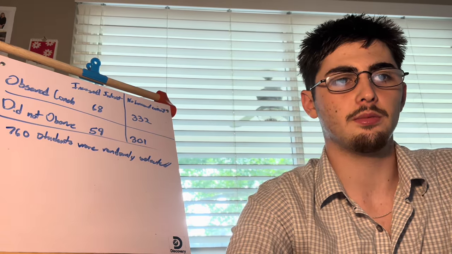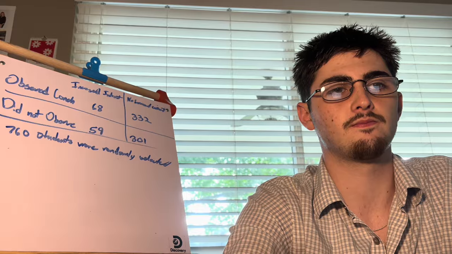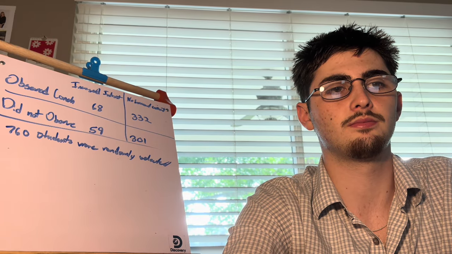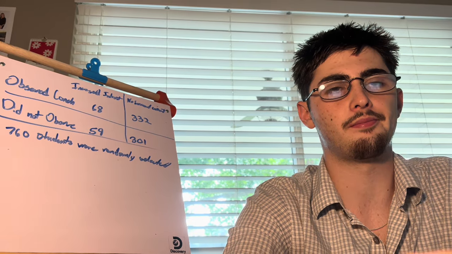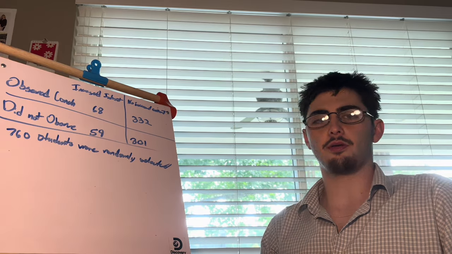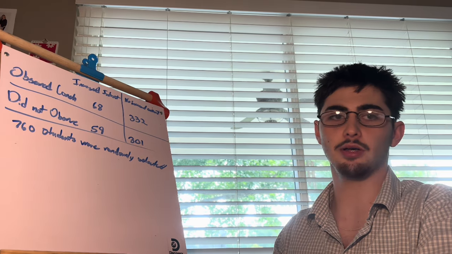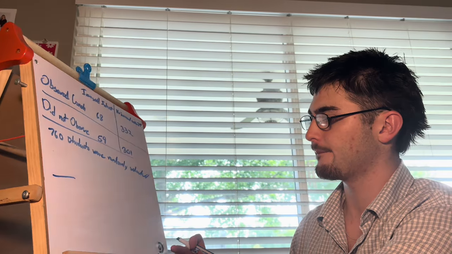Okay, let me get to the next part. Next part of the FRQ that we're working on is the calculate portion. So the first step is going to be draw.